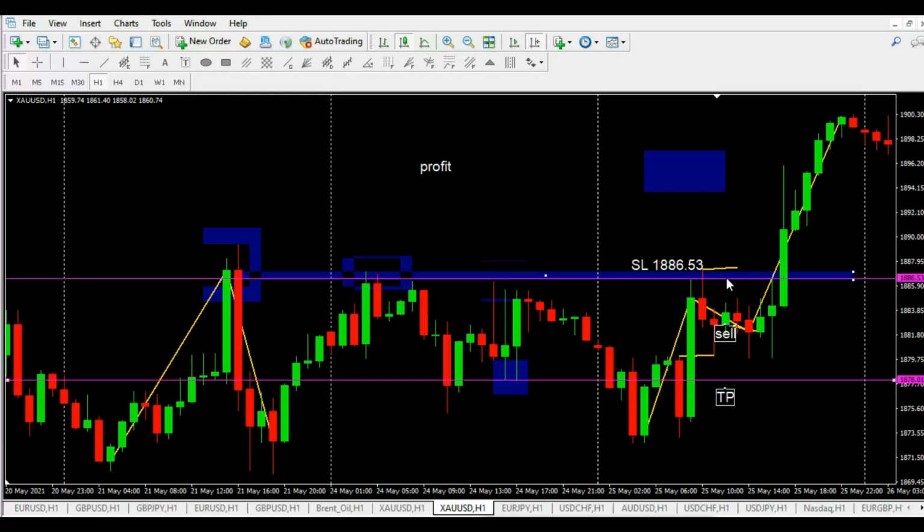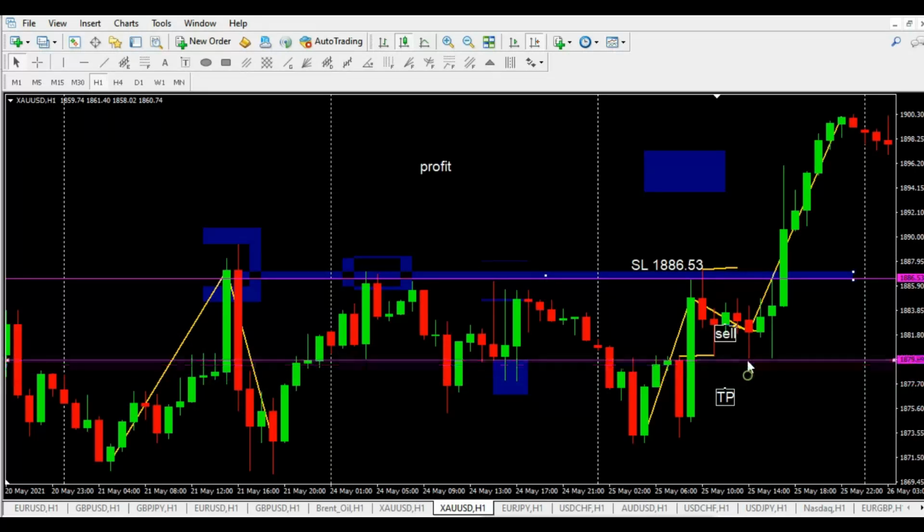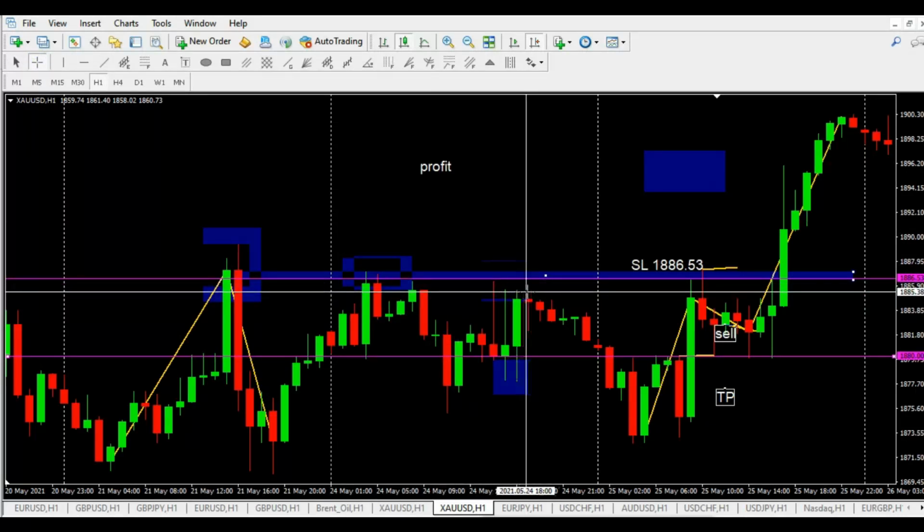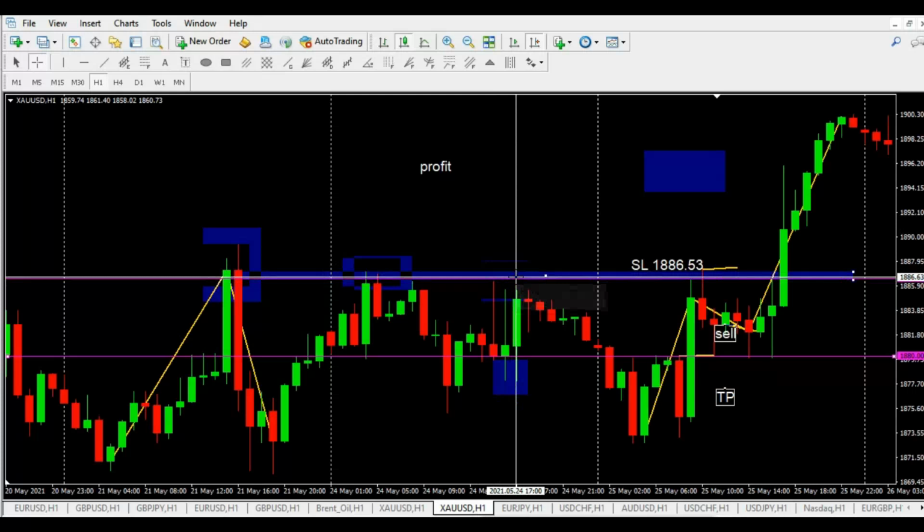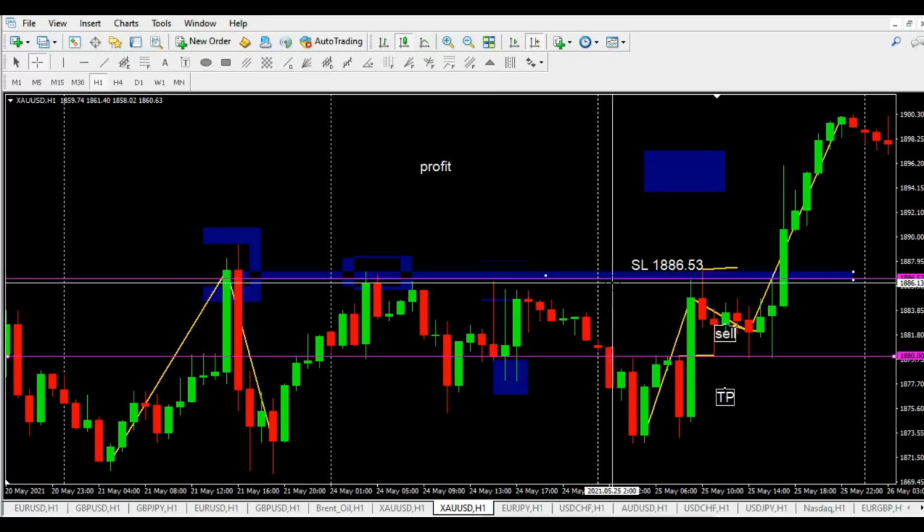With this technique, we take profit near the rejection, near to our entry, and we also take our stop loss not too far from our position, but always look at the key level, which has more key level, which has more rejection, and put our stop loss there.